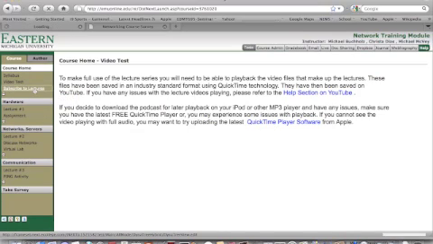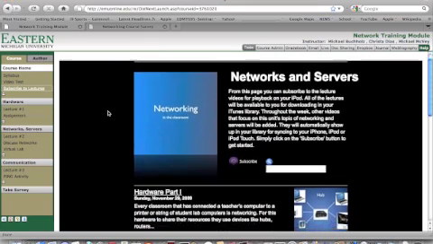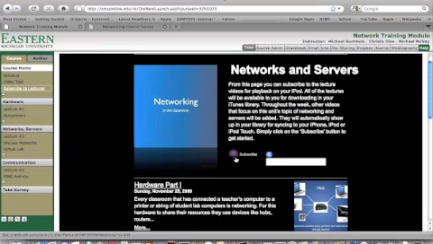We also wanted to make it possible for them to subscribe to the lectures outside of the classroom, so you don't have to be logged into the eCollege framework, the EMU online system, in order to get their lectures, but could actually use an RSS feed to subscribe to the podcast. If they're using iTunes or some other type of iPod library software, they could subscribe using the RSS feed and pull these videos down to their iPod.